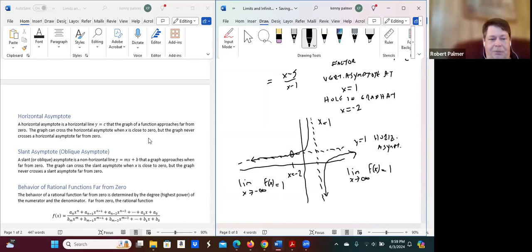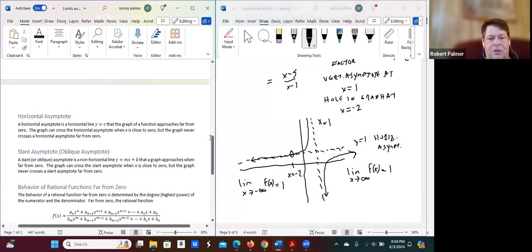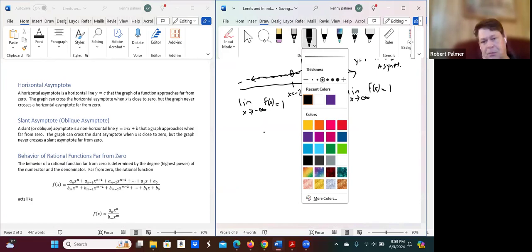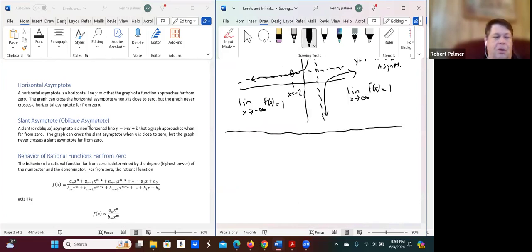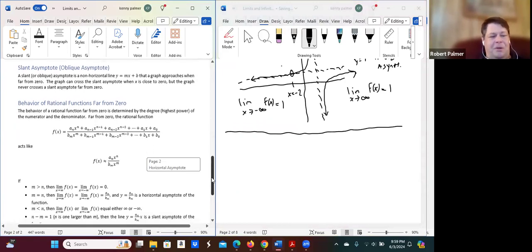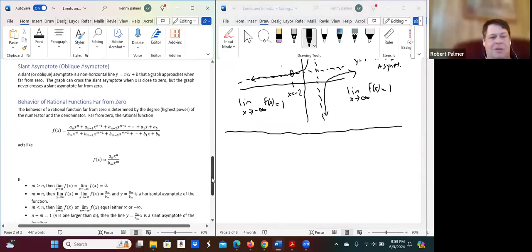Now let's talk about the behavior, why this happens. This is kind of more mathematical looking than the things we're going to see today. A rational function, remember, has a polynomial on top and a polynomial on the bottom.